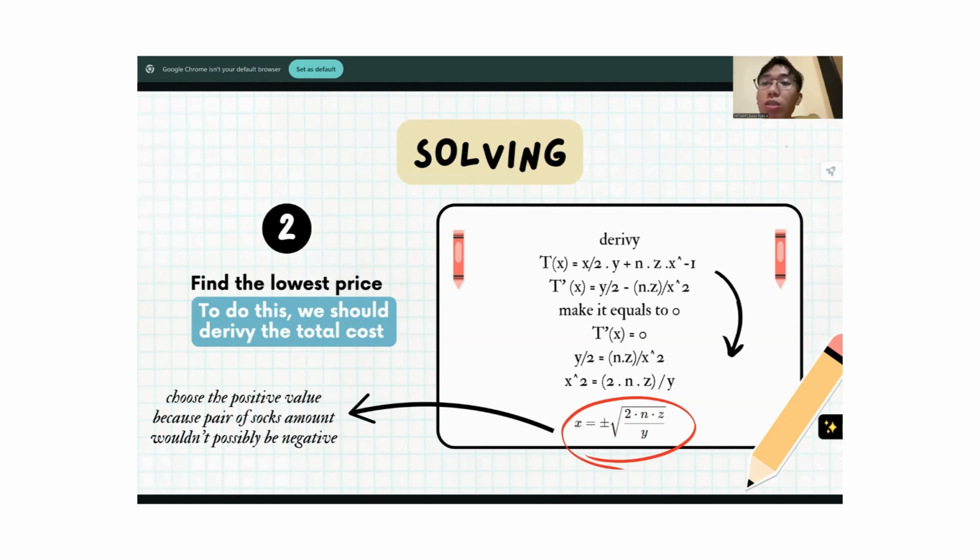Okay, so the second one, we need to find the lowest cost. To do this, we should differentiate the total cost.